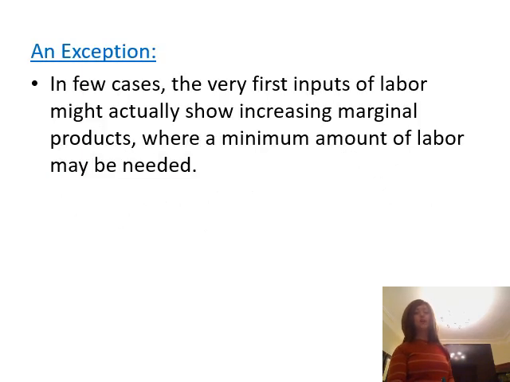You will find that, as I said before, in some few cases, the marginal product will tend to increase first before the law of diminishing returns sets in. What does that mean? It means that in some production processes, the marginal product can be increasing at the beginning and then it starts to decrease. It can be increasing at the beginning when there is a minimum amount of labor required to perform the task.